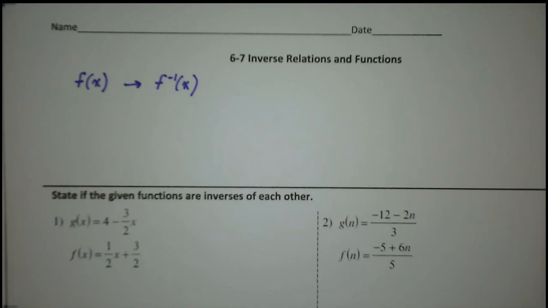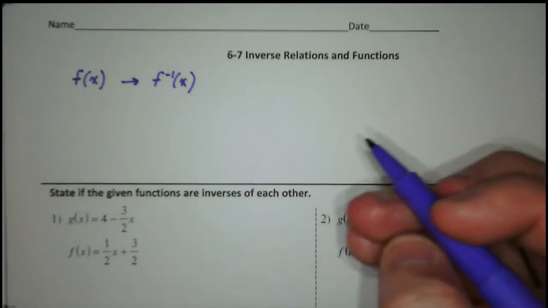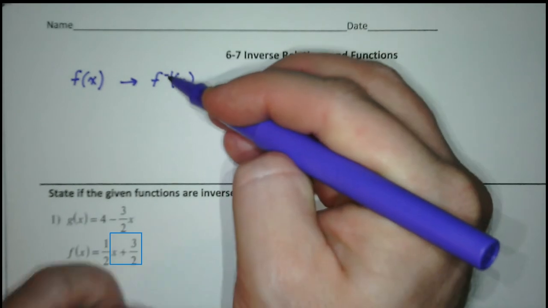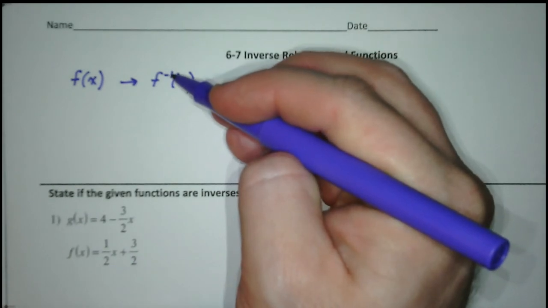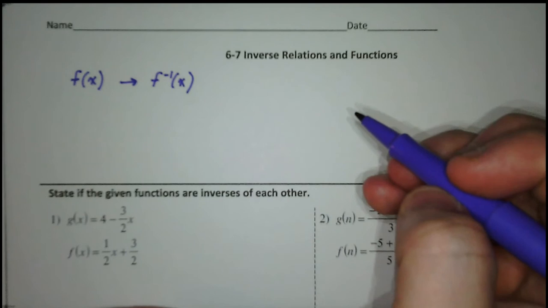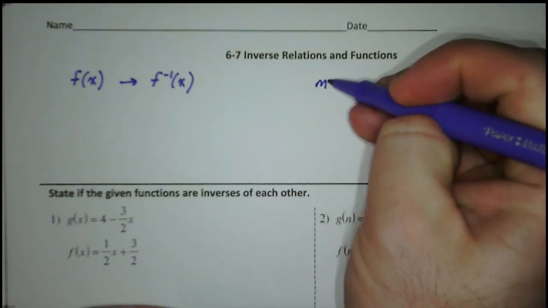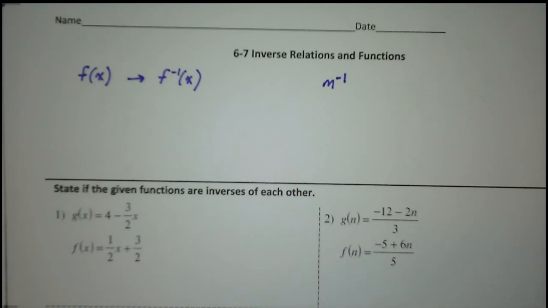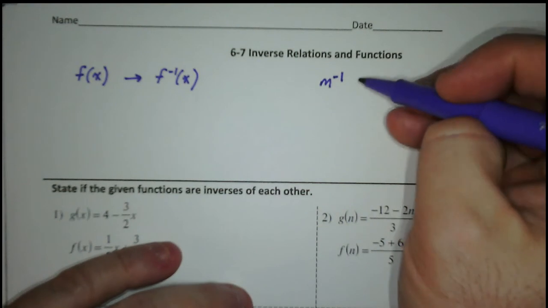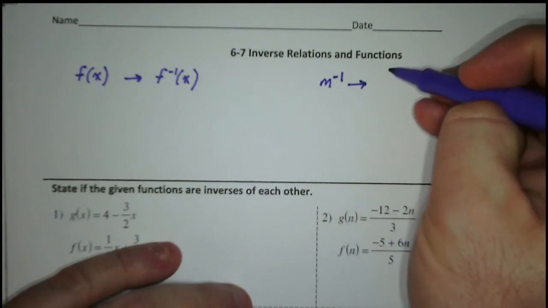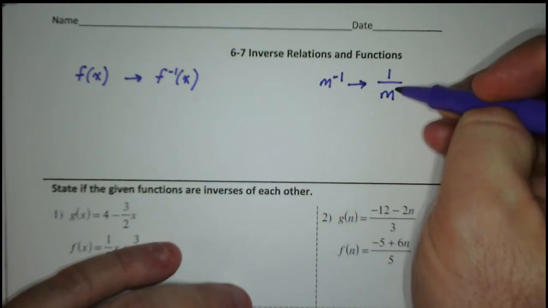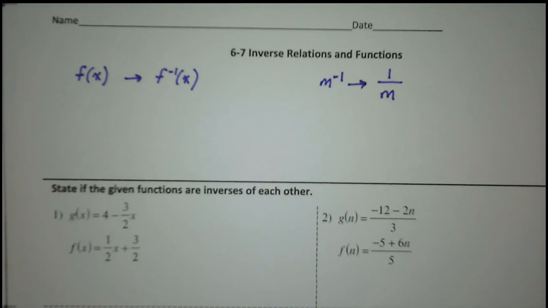It looks like a power, but don't let that mislead you, all right? Because normally, what does it mean to raise something like m to the negative 1 power? Doesn't that mean 1 over m to the first power? It's kind of a reciprocal type thing.